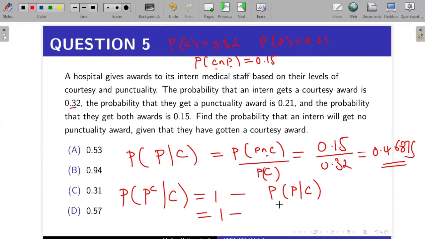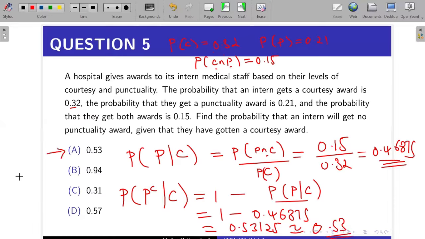So this will be 1 minus, this probability is what I calculated there, 0.46875. So 1 minus this is going to give me 0.53125. So round it off to 2 decimal places, it's going to give me 0.53. So that's the answer that we can see on A there. So we pick A. Okay, so any questions there?